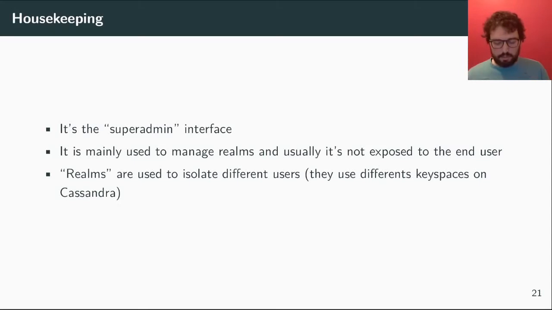Realms are the multi-tenancy concept of Astarte. Each realm is completely isolated from the others, because they use different keyspaces on the database, and keyspaces in Cassandra are basically the equivalent of databases in usual SQL databases.